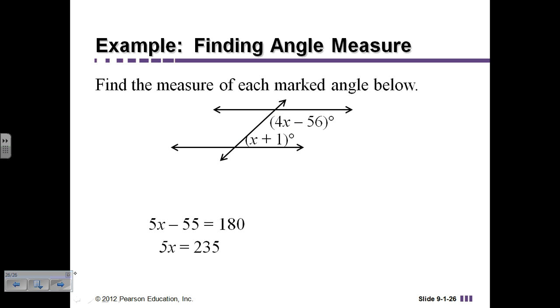In our last example here, we want to find the angle measures again. Notice that this angle is obtuse and this angle is acute, so they have different measures. They're on the same side of the interior, so they are called same side interior angles. And for same side interior angles, we know that they should equal 180 degrees.